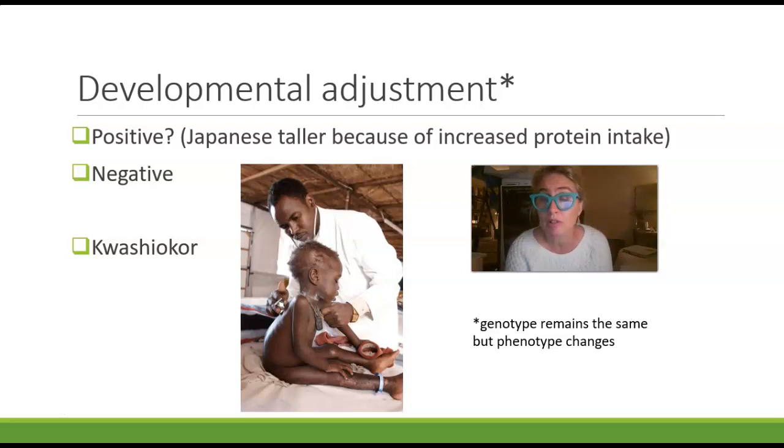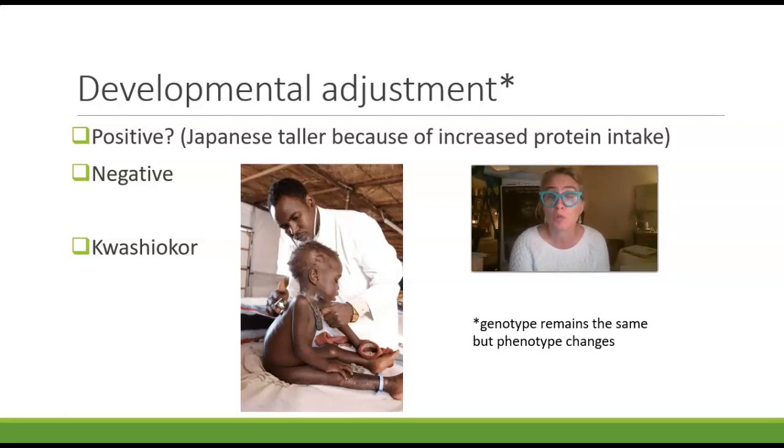Kwashiorkor is an example of this. It's a type of malnutrition that can occur in places where children do not have adequate minerals and other vitamins, and possibly where women are unable to breastfeed, especially if they've had an additional child.